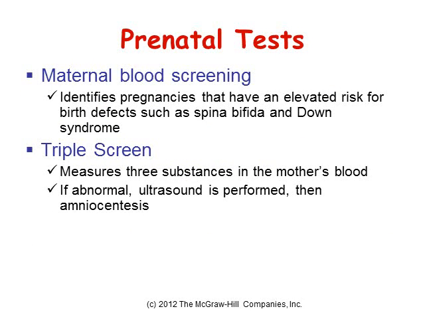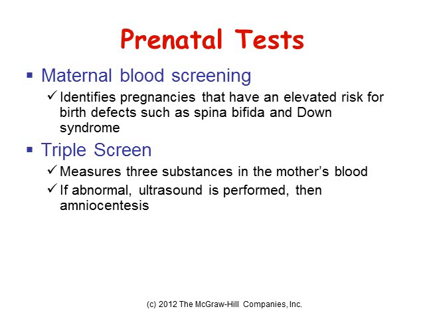So there are different prenatal tests that can be conducted to find out whether an individual is at risk for developing certain birth defects or disorders. The maternal blood screen will basically identify pregnancies that have an elevated risk for birth defects like spina bifida and Down syndrome.